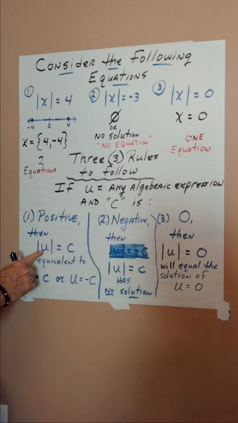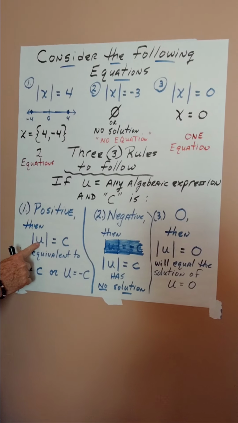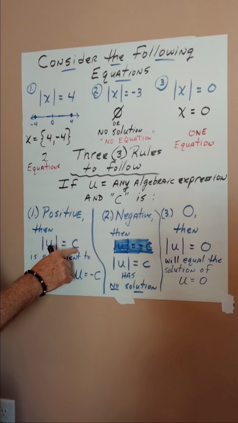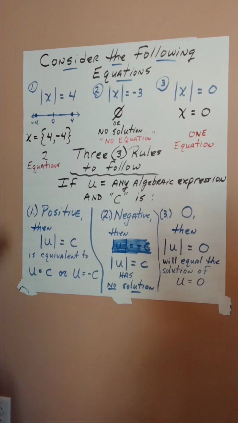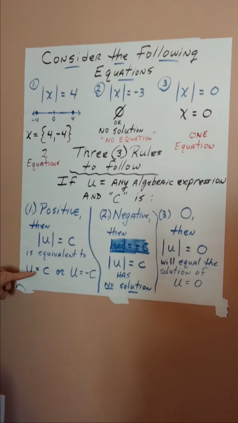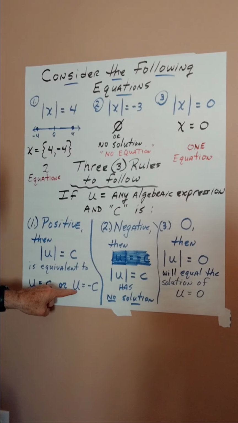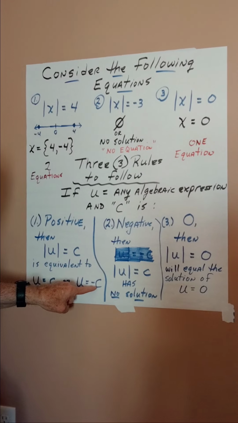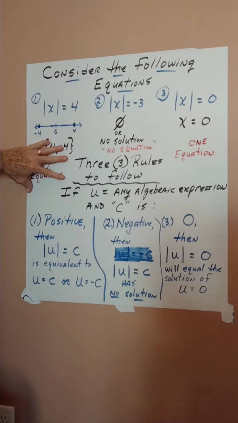Then the absolute value of any algebraic expression u, when it's equal to c, a positive number, will always be equivalent to 2 equations. The algebraic expression will equal the positive number, or u will equal the opposite of that positive number. And that is exactly what was pointed out right here.